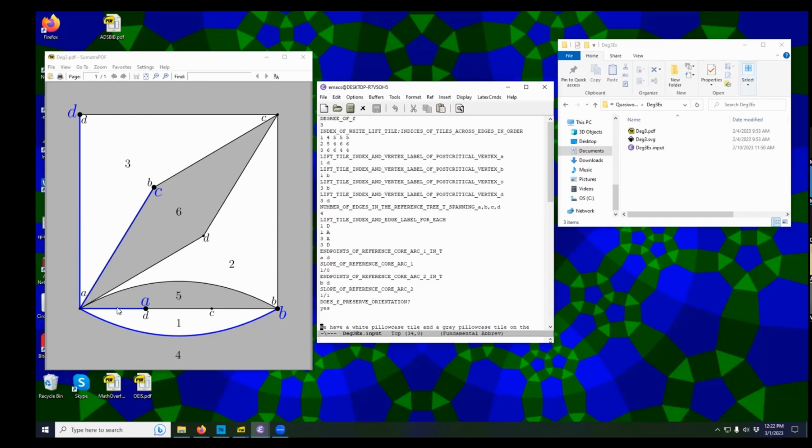You gave the indices of the tiles adjacent, and does it need to know which is the first edge in this list or not? The order of these edges doesn't matter.